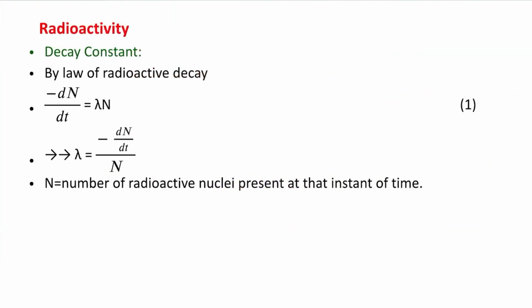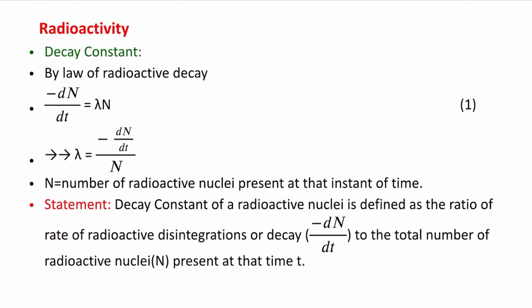So if I rearrange the terms, I can write minus dN upon dt divided by capital N equal to radioactive decay constant lambda. So from this, we can make a definition for radioactive decay constant.